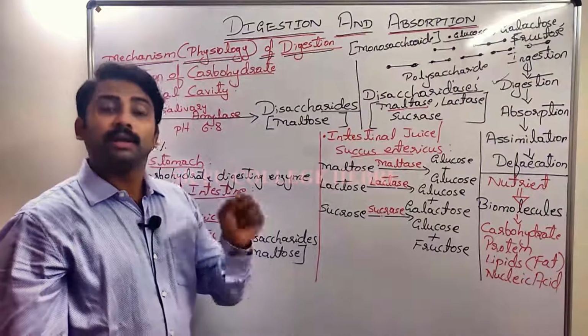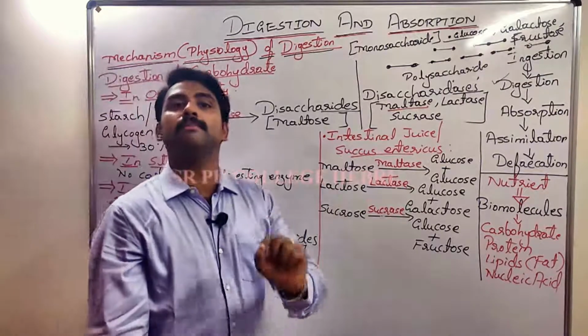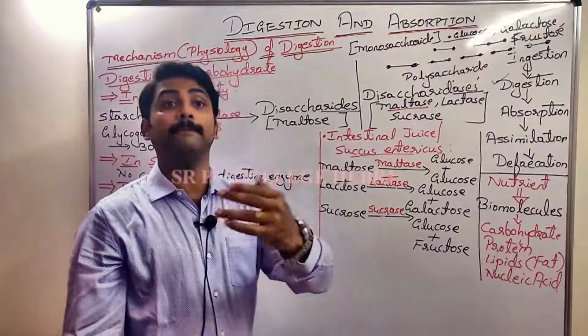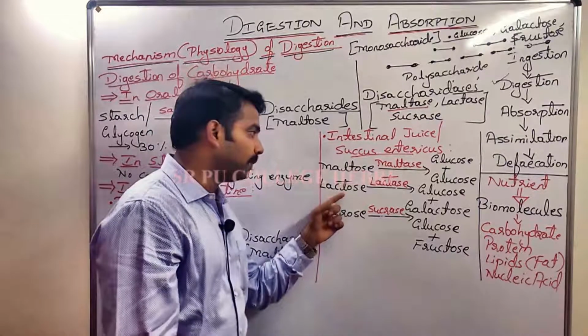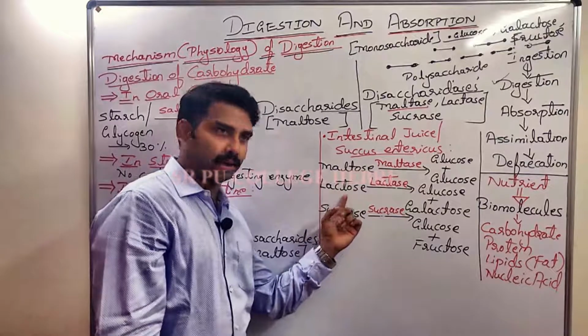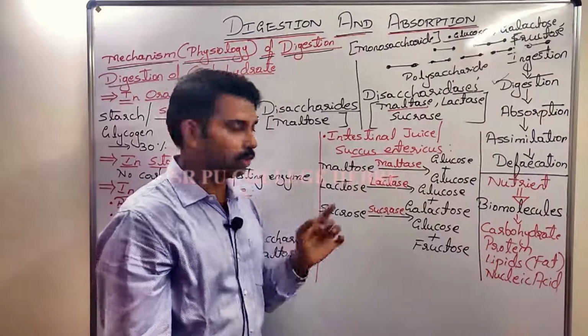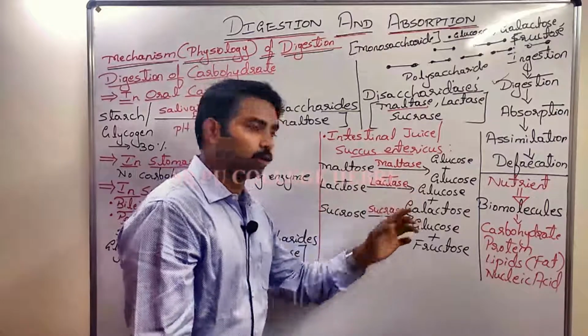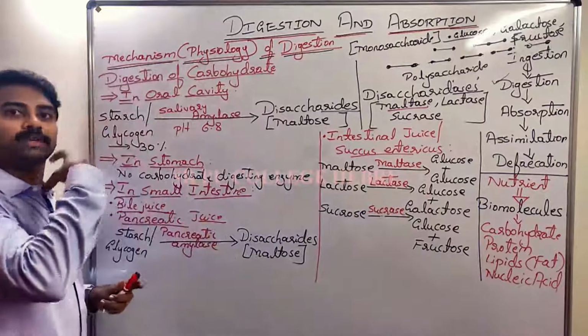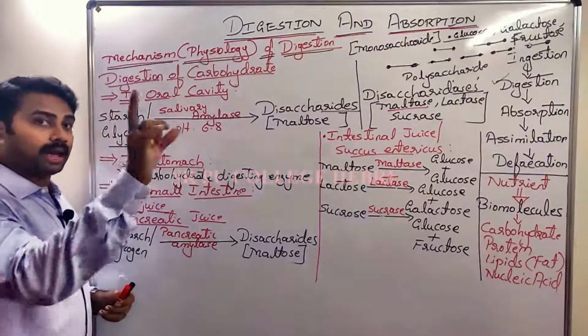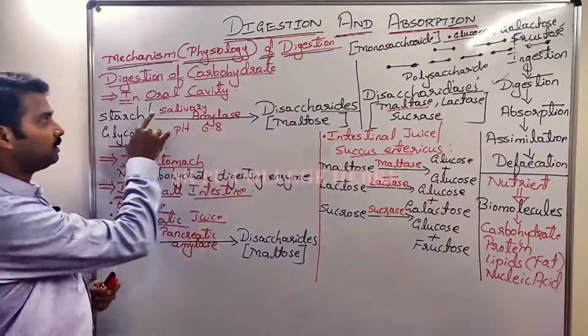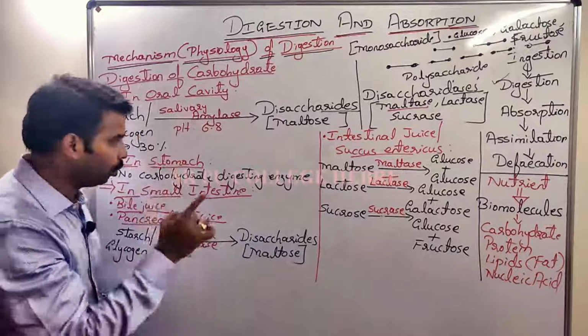Next line. The mammalian milk is rich with a milk sugar. The name of the milk sugar you can write down in bracket. The example of milk sugar is lactose. If you have consumed milk, cow milk has lactose. Does lactose digestion occur in the oral cavity? No. Stomach?